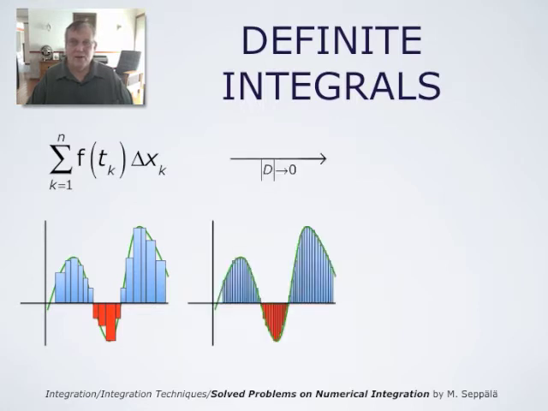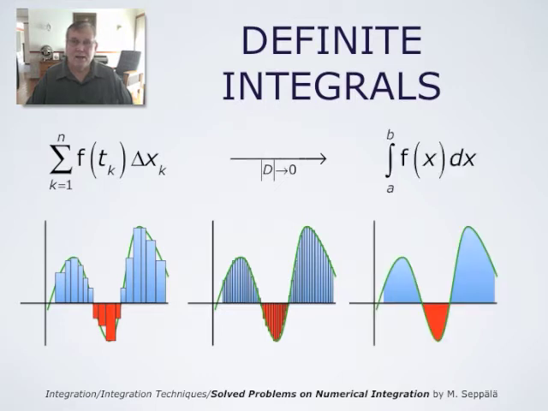Then one takes a limit. One lets the width of these rectangles approach 0, and at the limit one gets the value of the definite integral from a to b, f of x dx. This is how the definite integral is defined in terms of these Riemann sums.